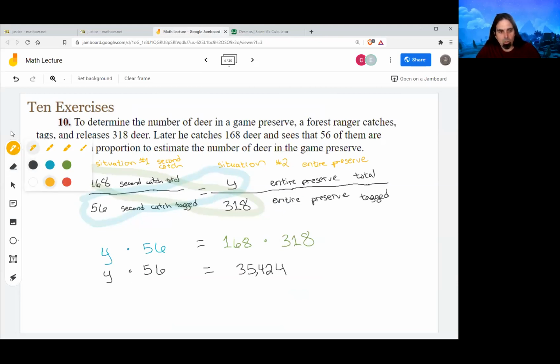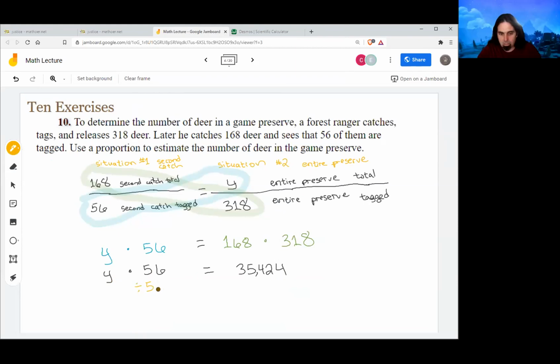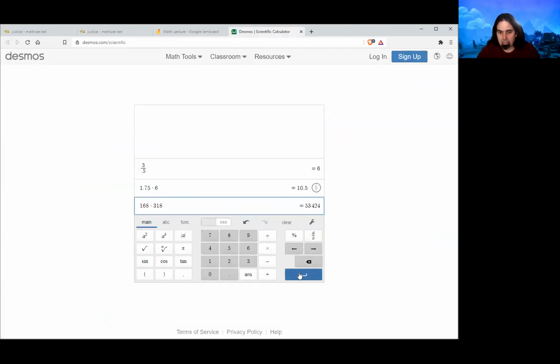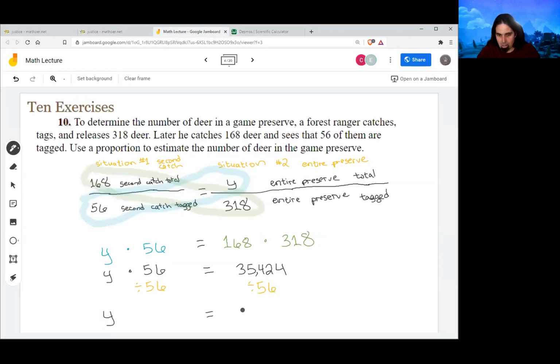Now we have y times something equals something else. How do we get y by itself? Divide by 56. And 954 is our answer.